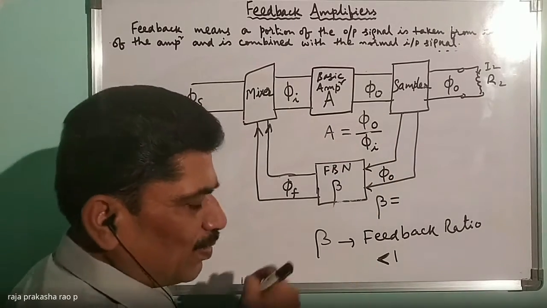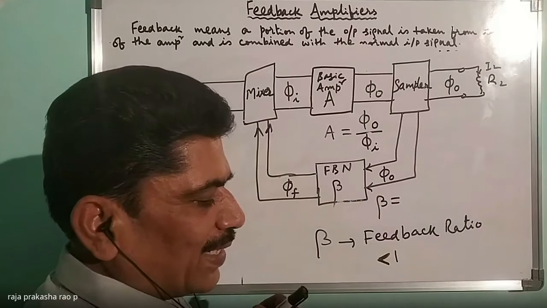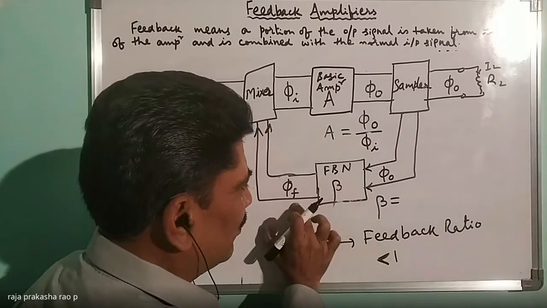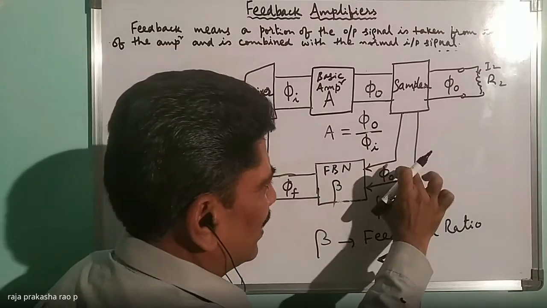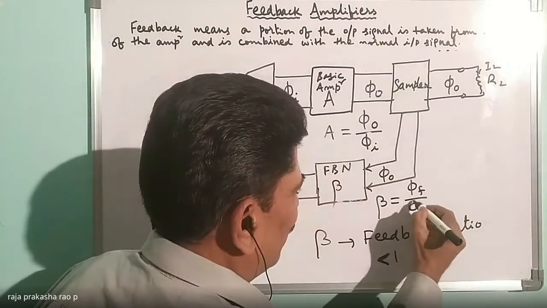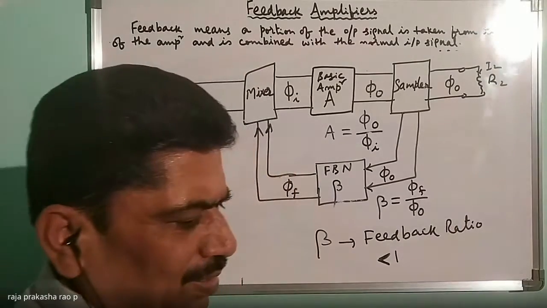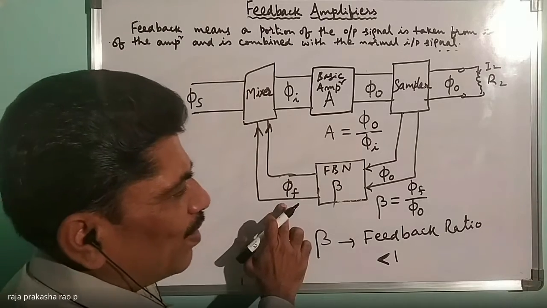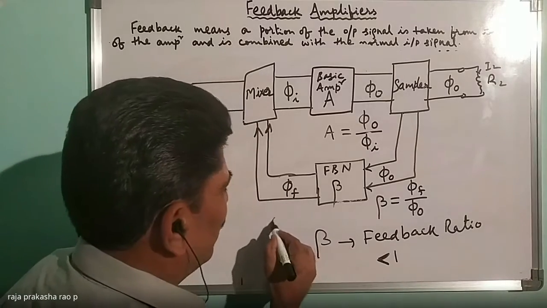But what about beta now? We call this the feedback ratio, not gain, feedback ratio. What is the output here? xf. Input to this feedback network is xo. So it is equal to xf by xo. So what is xf now?